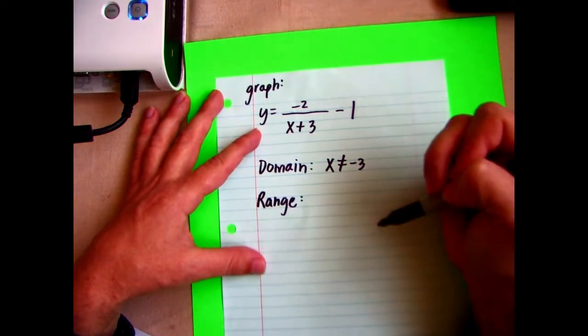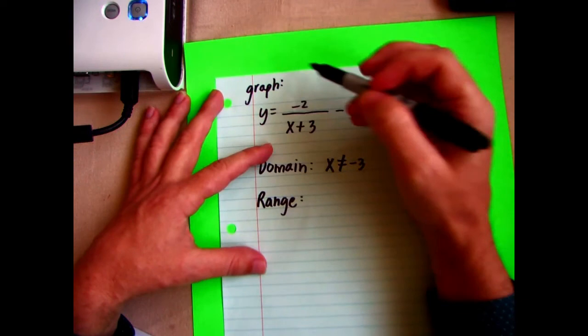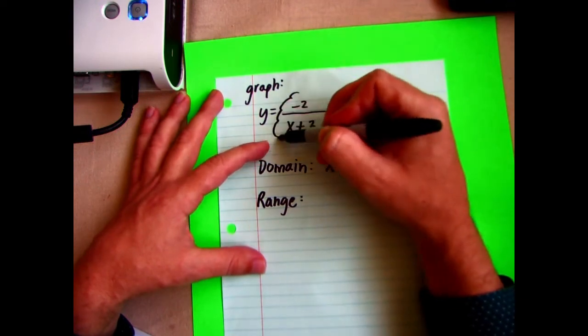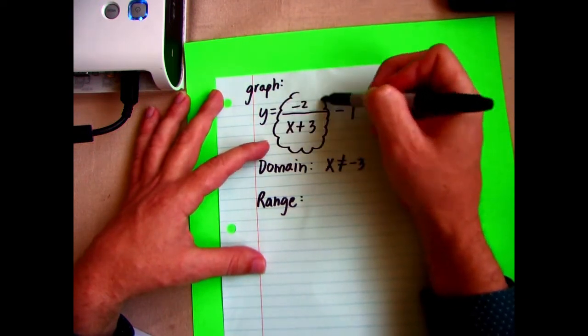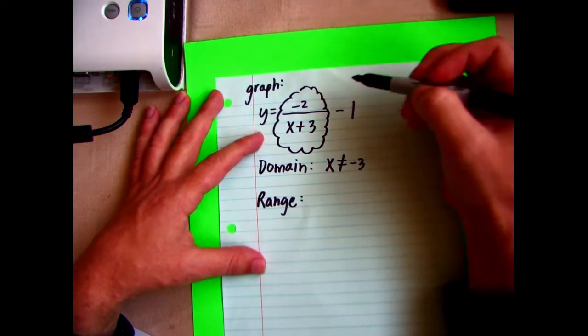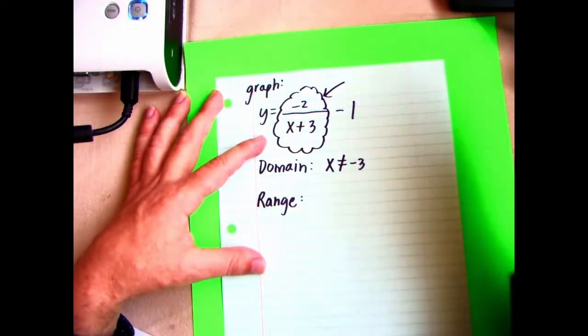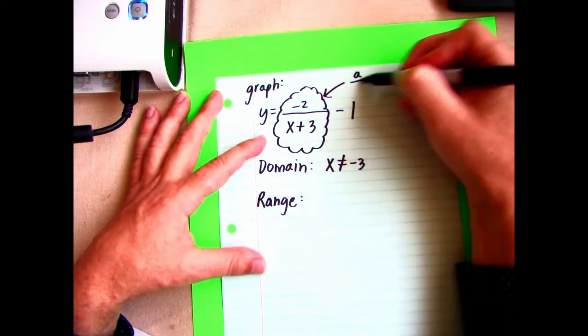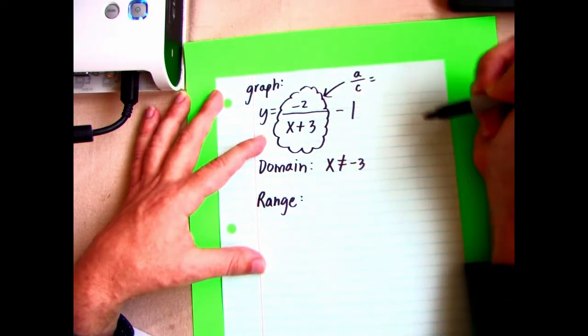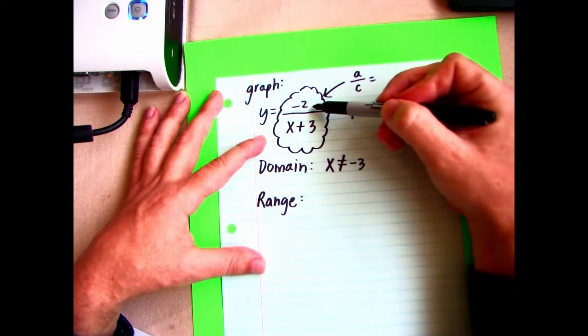For the range, again, we're looking at A over C. What is the number in front of x in the numerator? And what is the number in front of x in the denominator? Well, in this bubble, the number in front of x in the numerator is 0. There is no x.